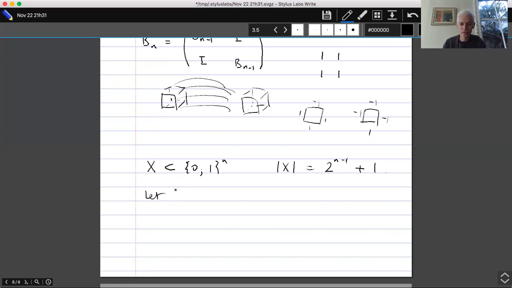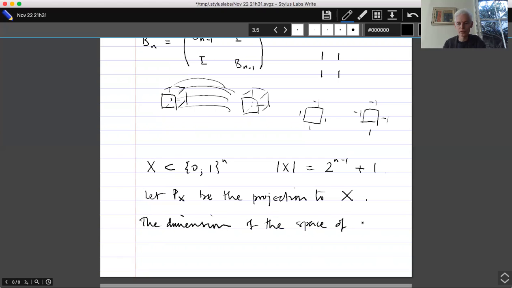So let P_X be the projection to X. In other words, if I've got a function defined on the whole of the cube, P_X of the function is just the restriction of that function to X. Now I want to note that the dimension of the space of functions from X to R is 2^(n-1)+1.